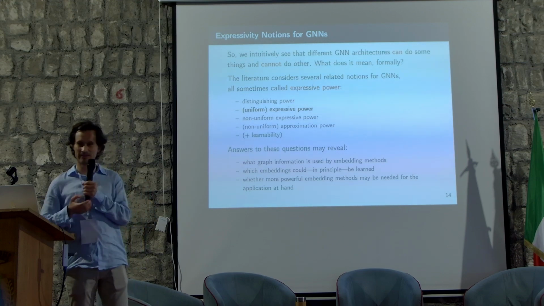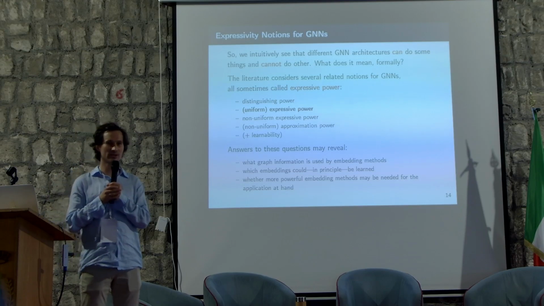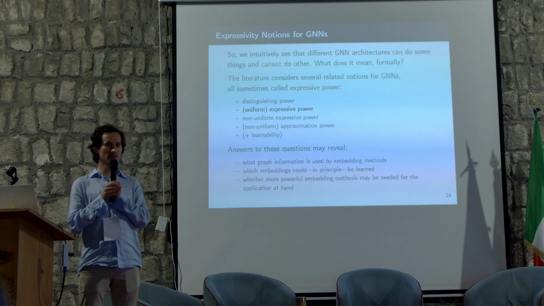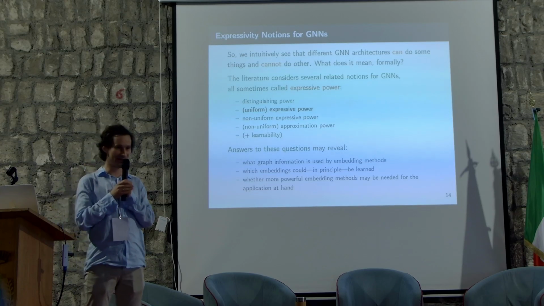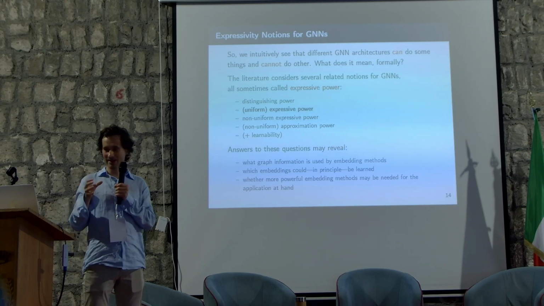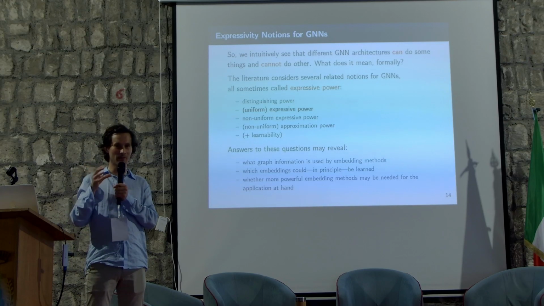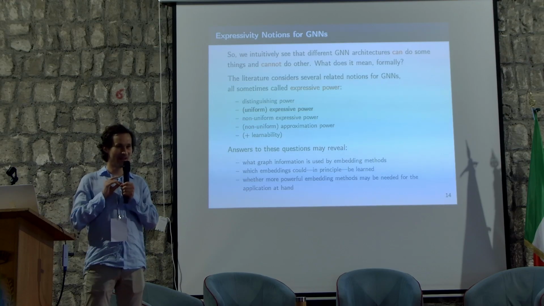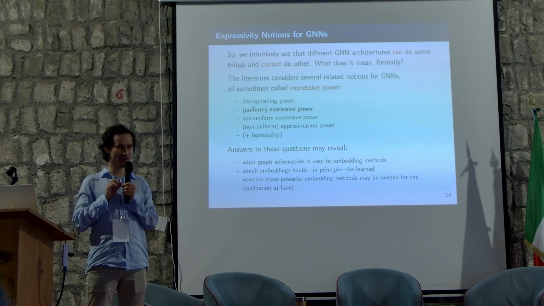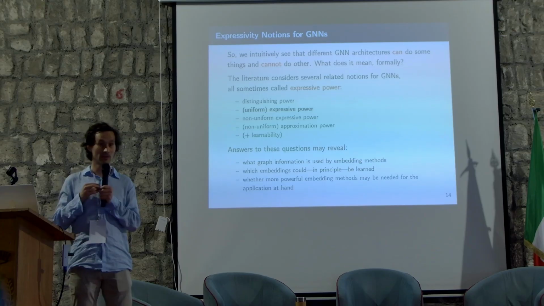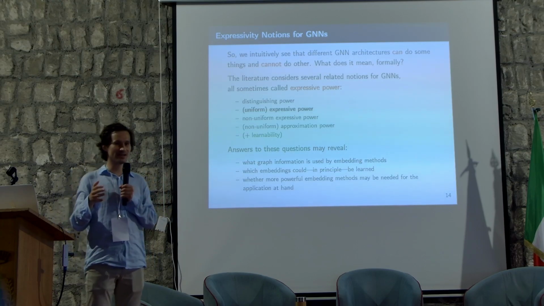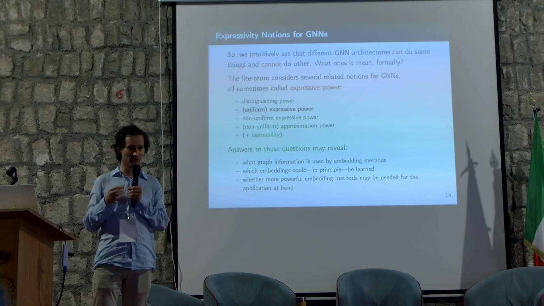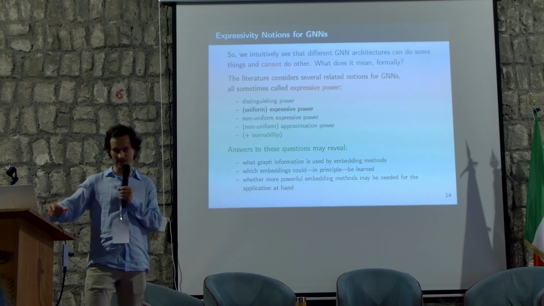This is a bit unfortunate for the field, that people use the same word for many things. For people who are advanced here, this is maybe my main message: some expressivities are different from other expressivities. For advanced logicians here, in logic it's kind of the same. We have different notions of uniform, non-uniform expressivity and so on.